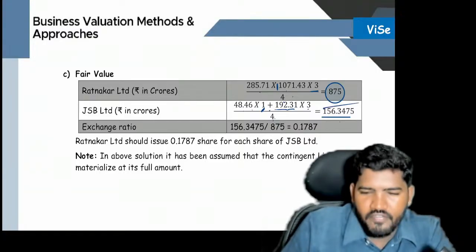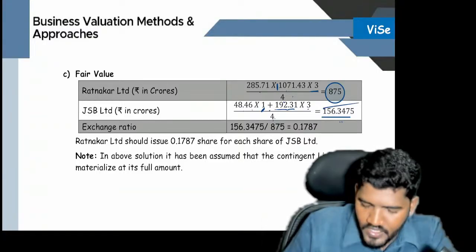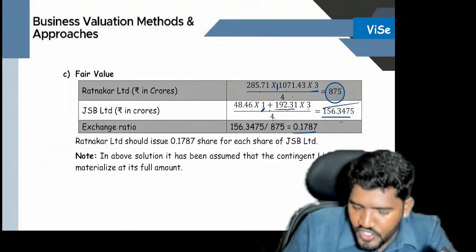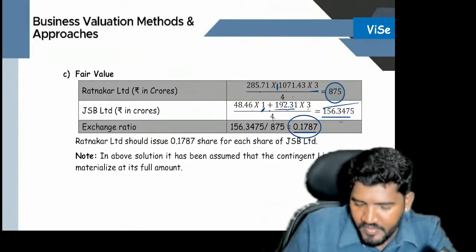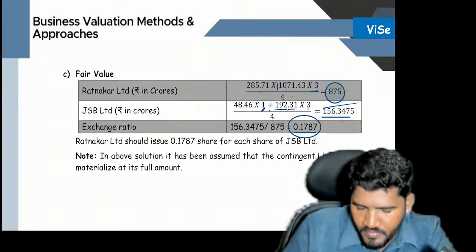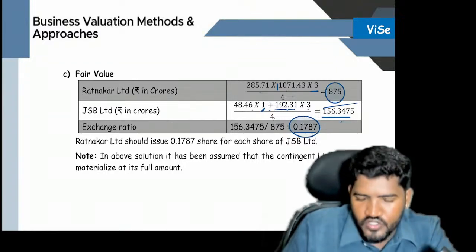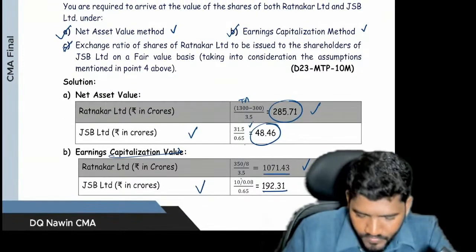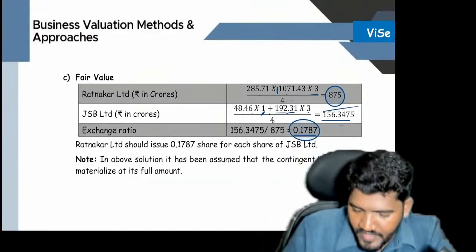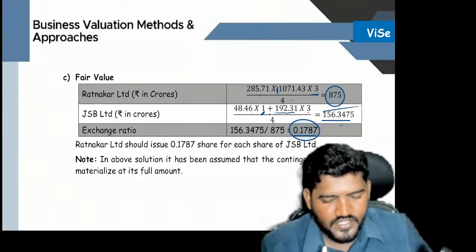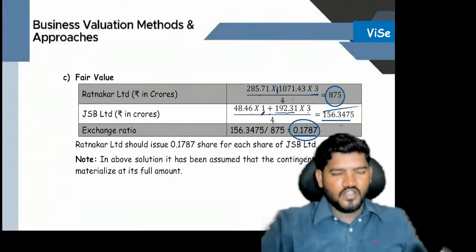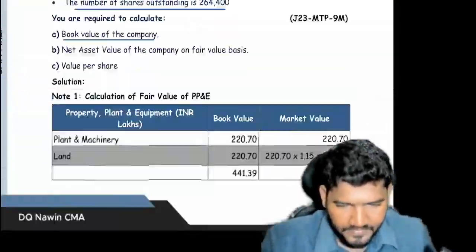Selling company fair value divided by purchasing company fair value, you will get the exchange ratio 0.1787. For every one share of JSB Limited, they will receive 0.1787 shares from Ratnakar Limited. So these are the models we have, guys.